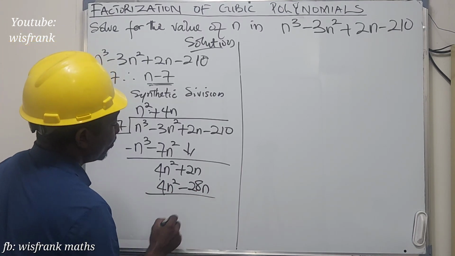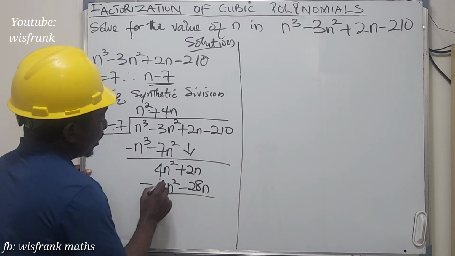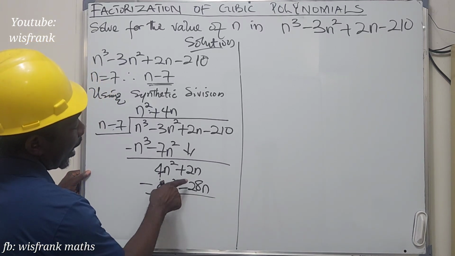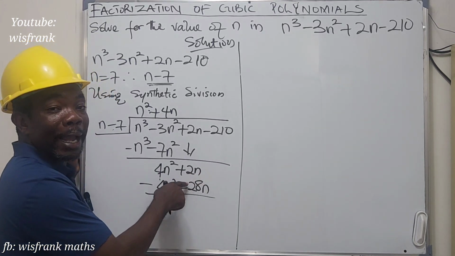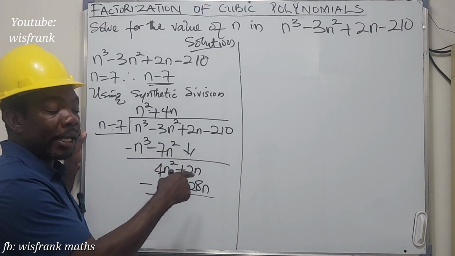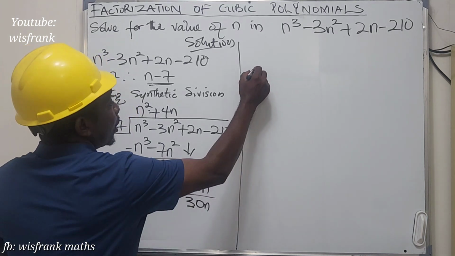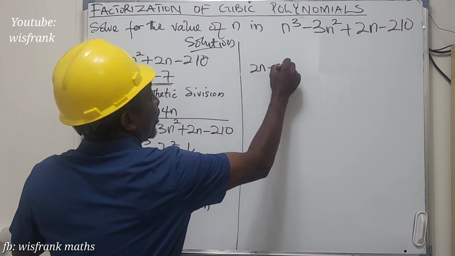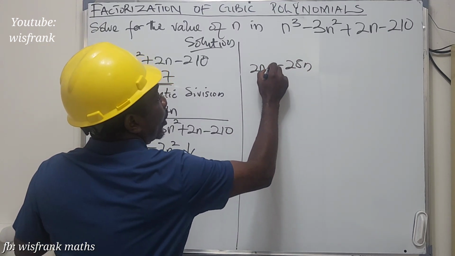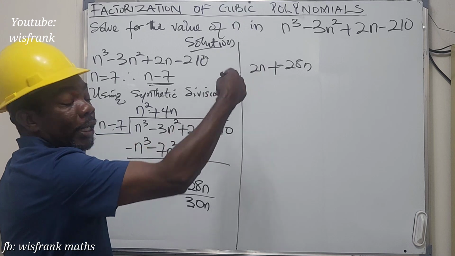So in this case, by subtraction, this will cancel here, and we have 2n minus minus 28n, which will give us 30n, because 2n minus 28n becomes 2n plus 28n.